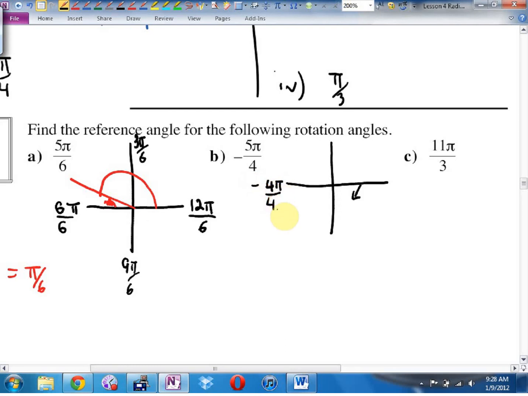How far? Negative 4 pi by 4. How big is halfway then? How big is this up here? Spot the pattern. What angle did they give me?